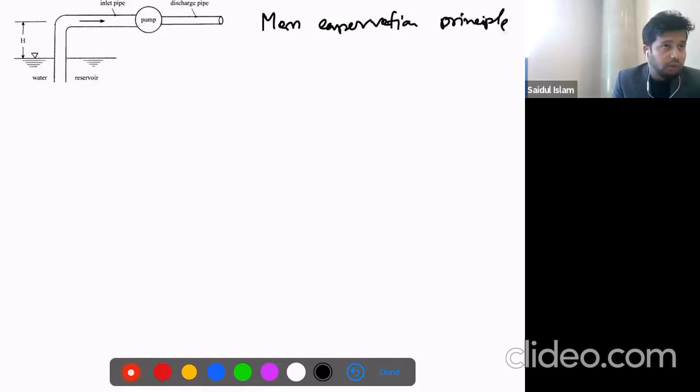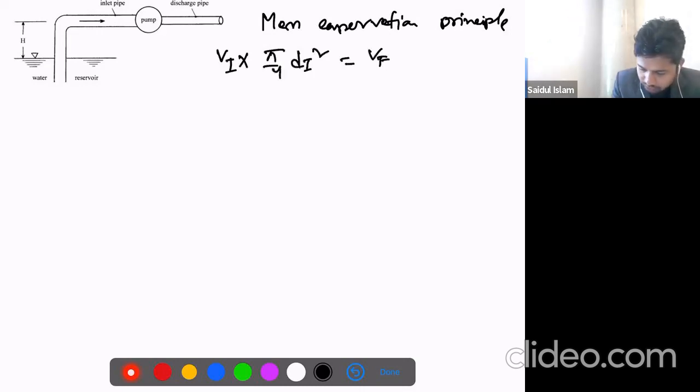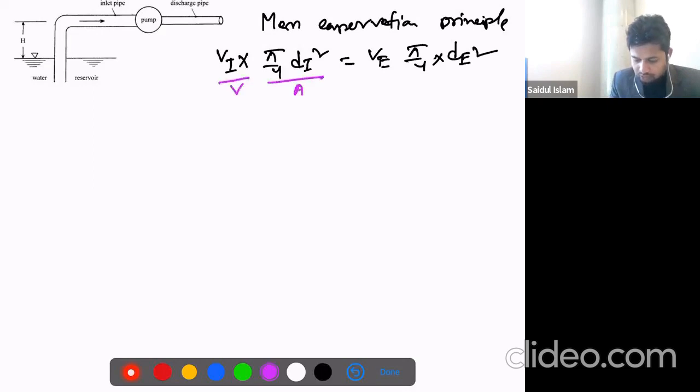So let's say the mass conservation principle. I will quickly write it down like this: VI times pi by 4 DI squared is equal to VE times pi by 4 DE squared. You know, this is area and this is velocity. The first term is velocity, the second term is area.